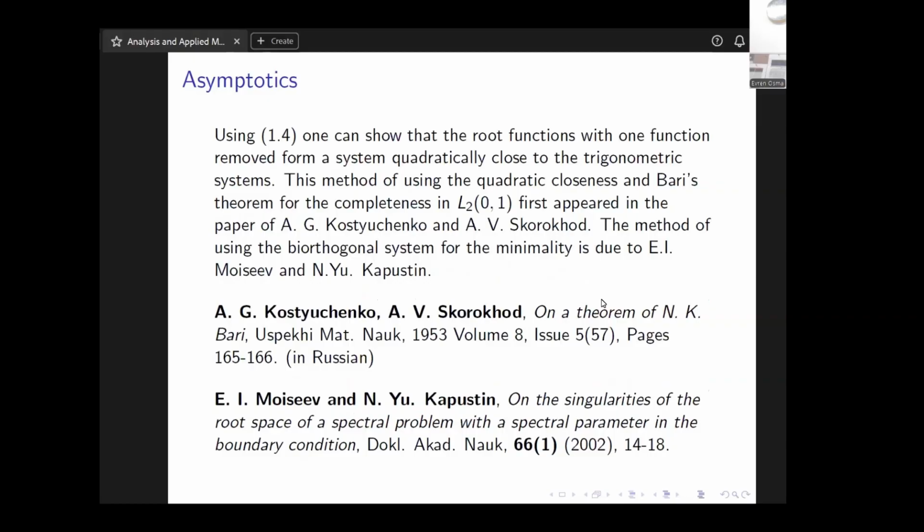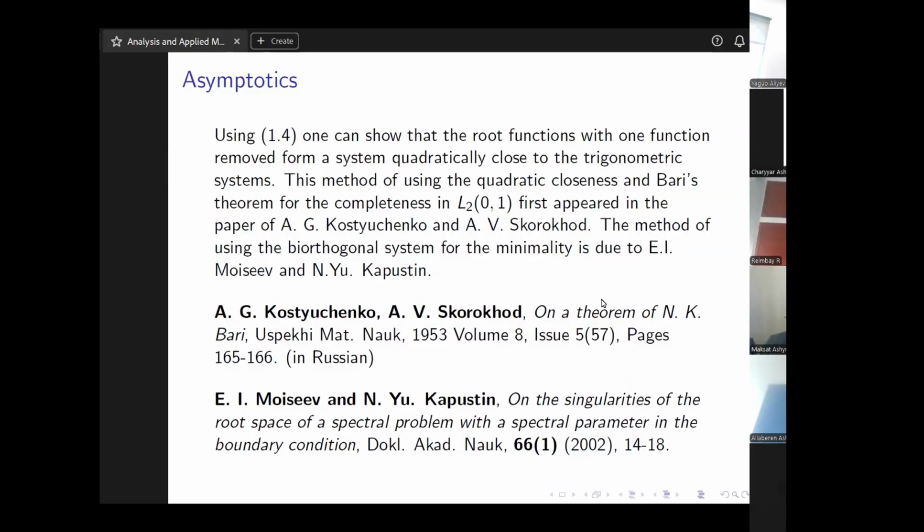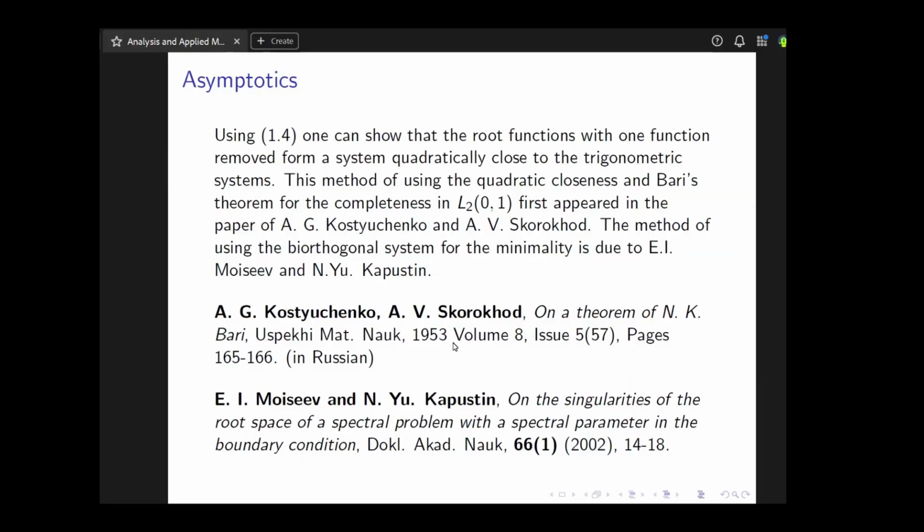The method of going from the asymptotic formula to quadratic closeness to trigonometric systems was probably first introduced by Kostyuchenko and Mirzoev in this paper from 1953. After you prove quadratic closeness, you can use Bari's famous theorem about completeness of a minimal system.